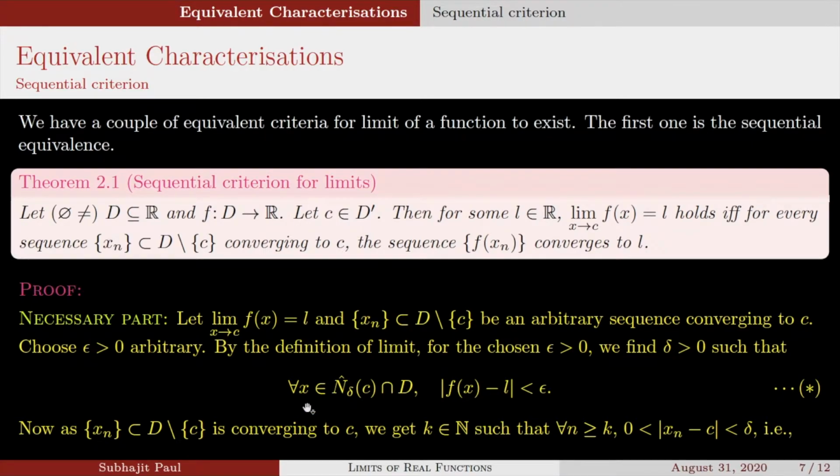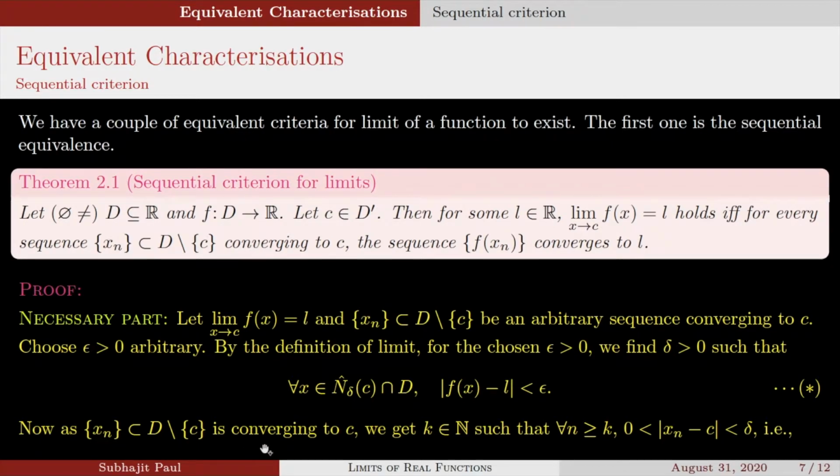Therefore, if we can show that the points of the sequence go inside this deleted delta neighborhood of C after some term, after some threshold mark, then for those points xn, we will have the distance of f(xn) from L less than epsilon. So that will give us that f(xn) is converging to L. So exactly that we are doing here.